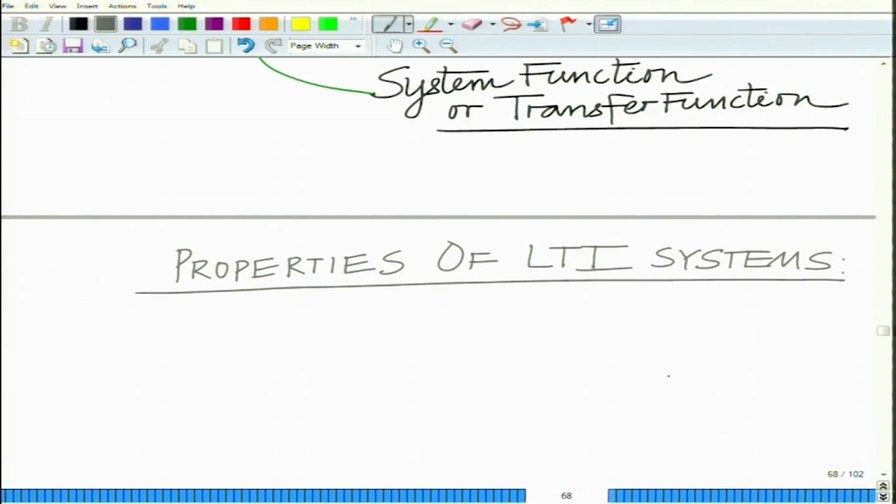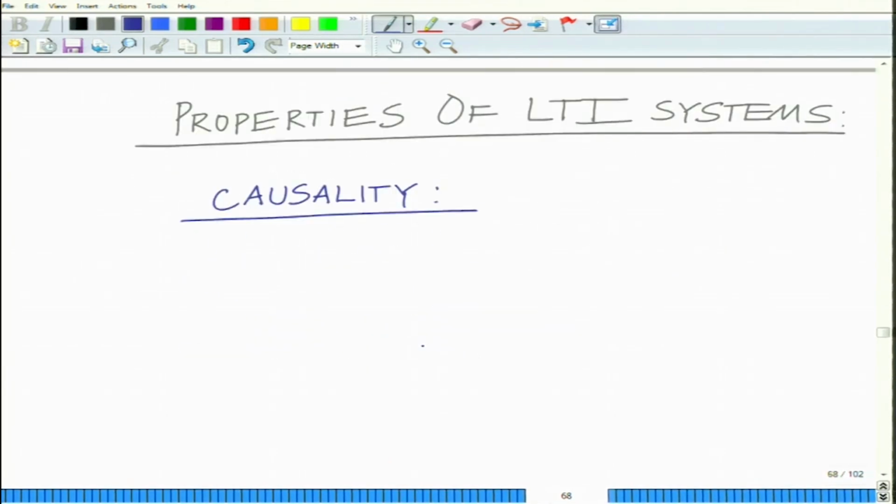The first property is causality. An LTI system is a causal system if the impulse response is 0 for n less than 0, that is, the discrete time impulse response h[n] is 0 for n less than 0 and non-zero only for n greater than or equal to 0.